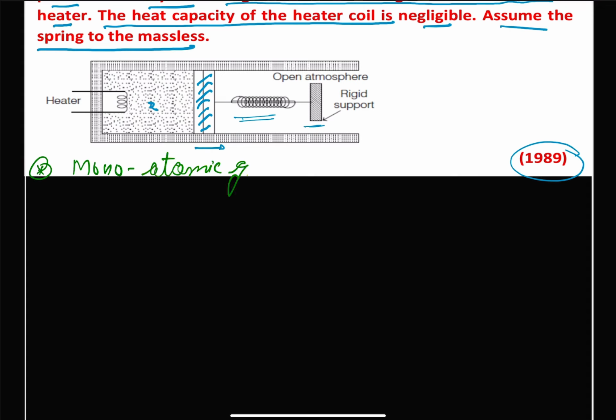Which basically means that the value of gamma is equal to 5 by 3, Cv is 3 by 2 R, and we have Cp equal to 5 by 2 R. Initial temperature, that is T1, is 300 Kelvin.